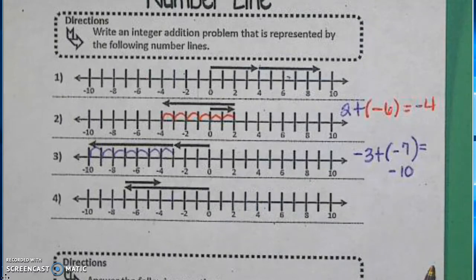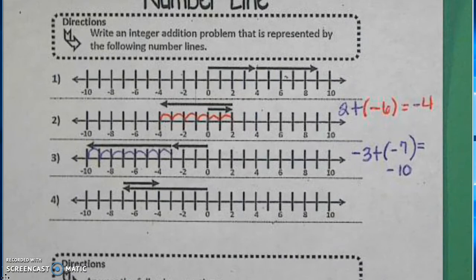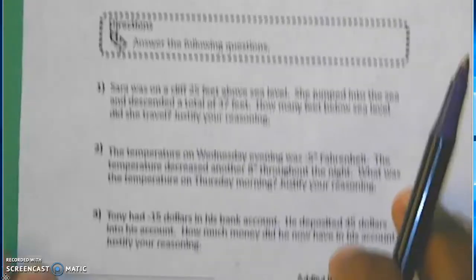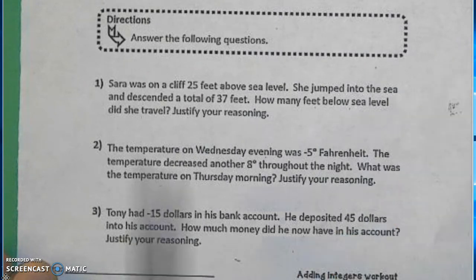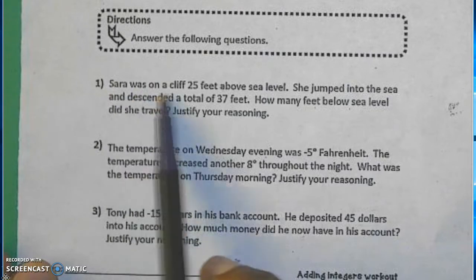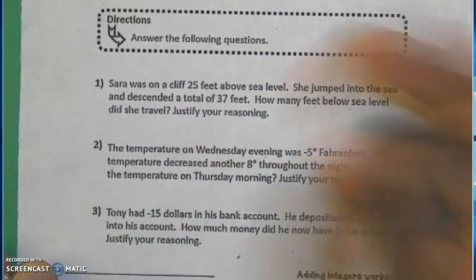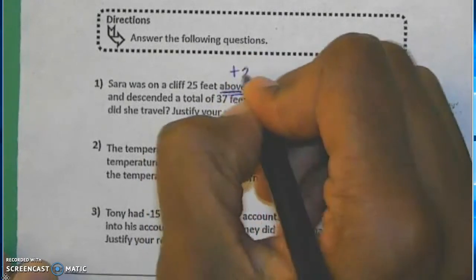So let's look at one or two, maybe one, of the word problems below. Let's look at number 1, because it has some of those key words in there. Sarah was on a cliff 25 feet above sea level, so we know that is a positive 25.